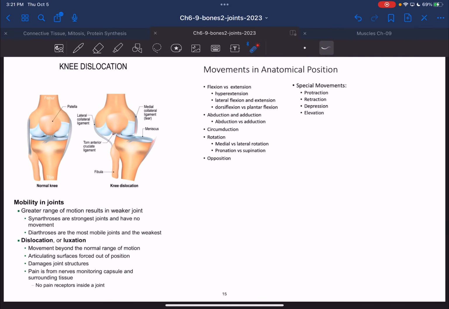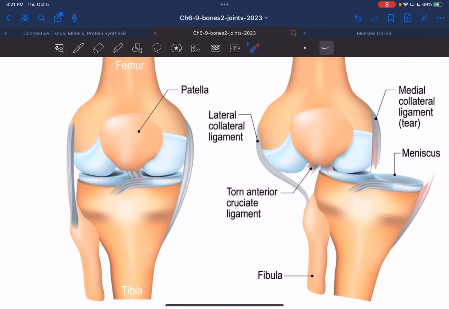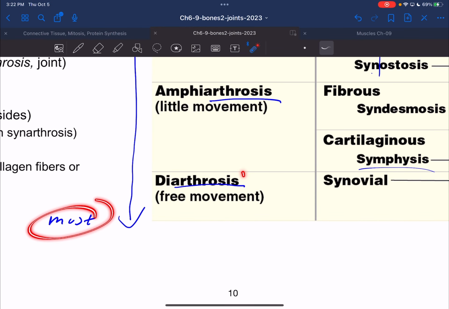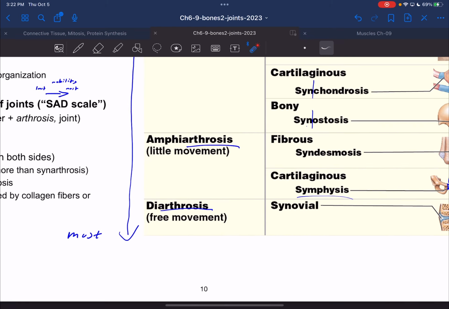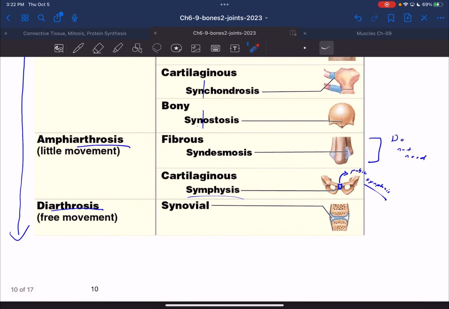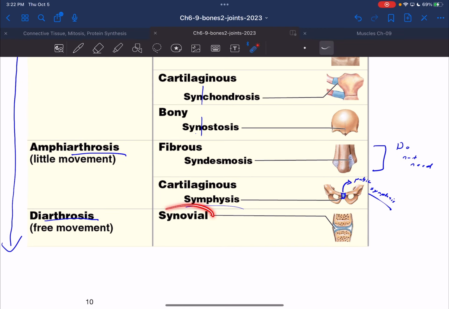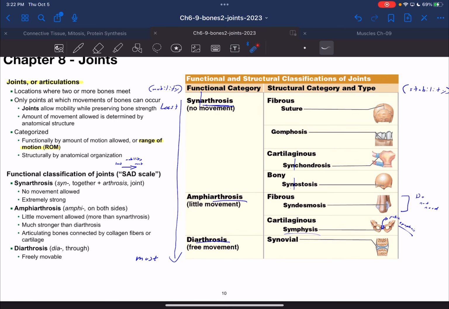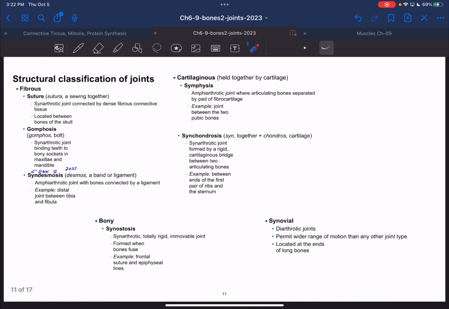And so synovial joints are the most diarthrotic, meaning they are the most mobile joints. They are classified functionally as diarthrosis because they move so much. But this in return causes low stability. We call them synovials because they're very mobile, but they have the least stability because they are the most mobile on our SAD scale.